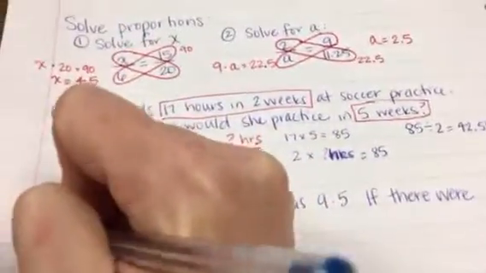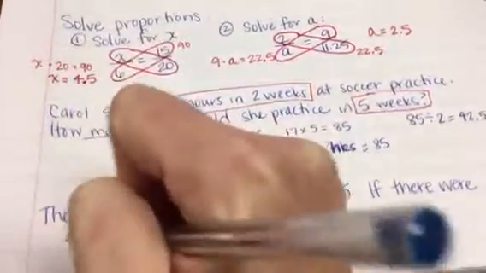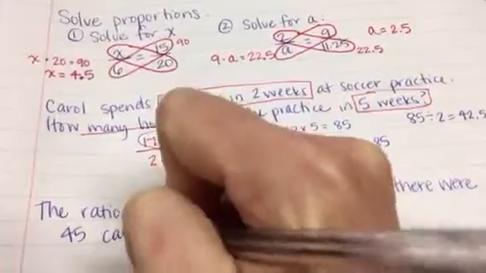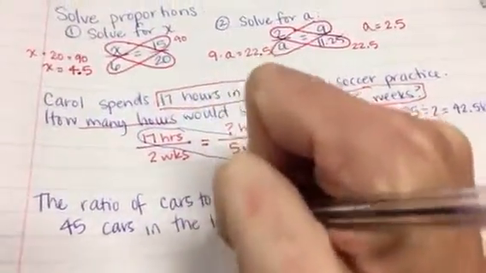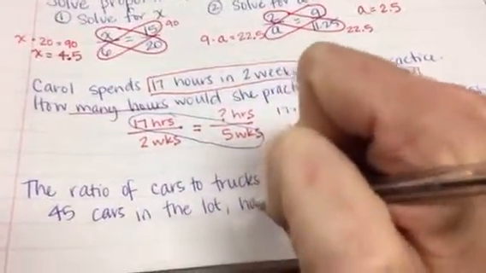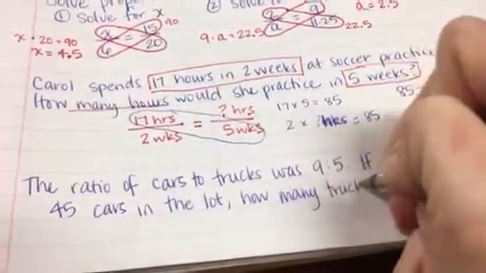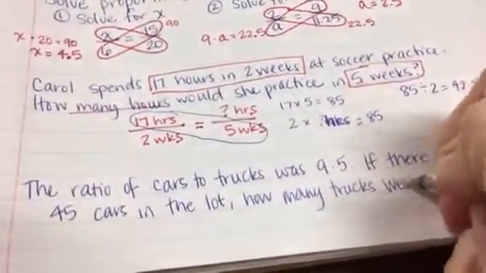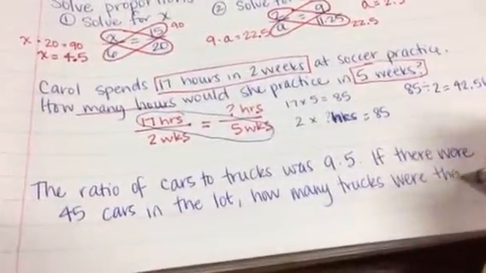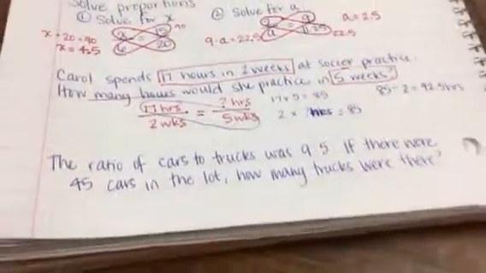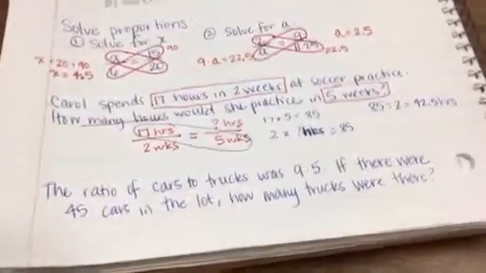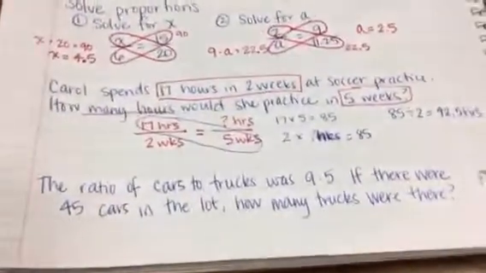If there were 45 cars in the lot, how many trucks were there? So I'm going to give you just a second to copy this down, and then we're going to talk about how we solve this.